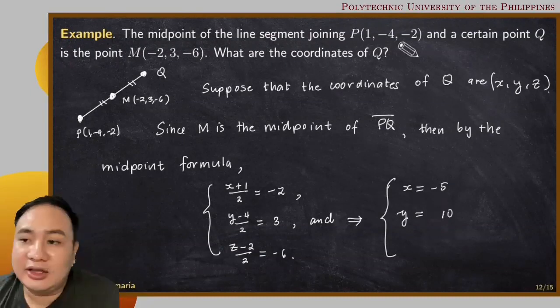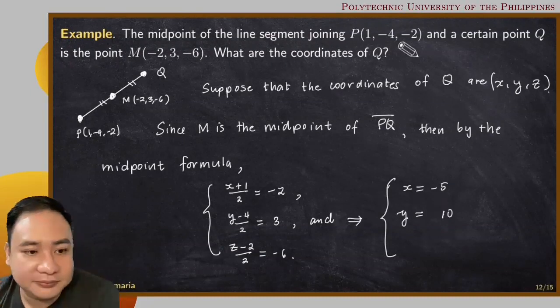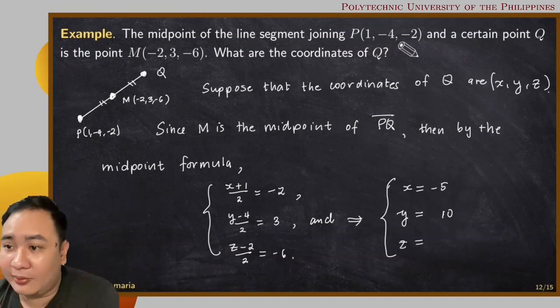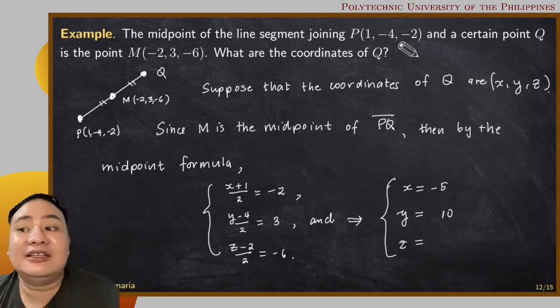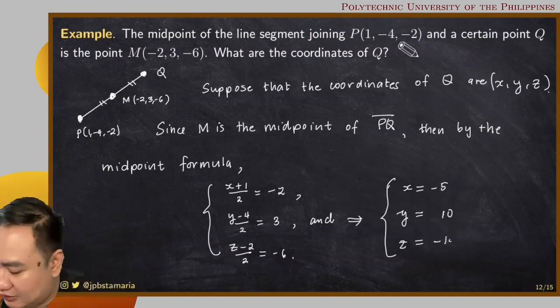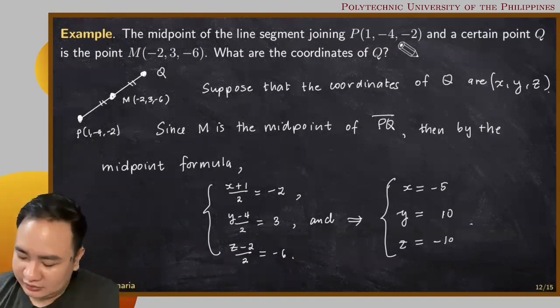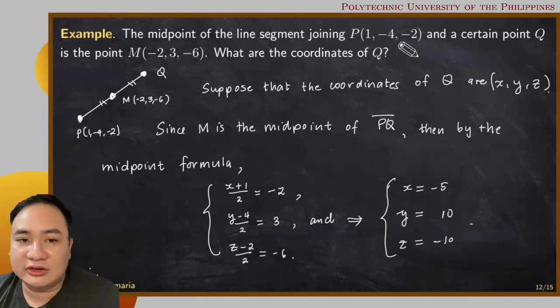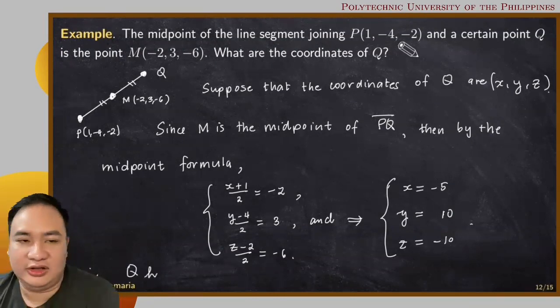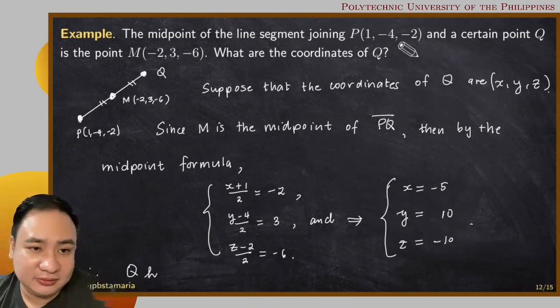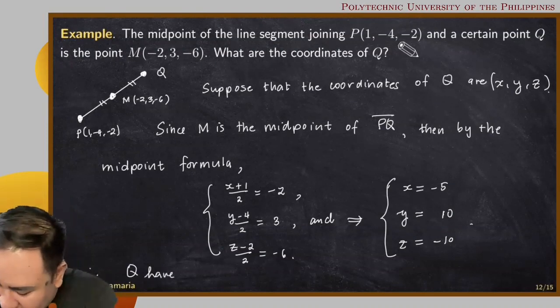Okay. Next, z coordinate. Z is negative 6 times 2, negative 12, plus 2, that's negative 10. Very good. So therefore, anong coordinates ng Q? Q has coordinates, kasi kung gagamitin mo, sige na nga, have coordinates.